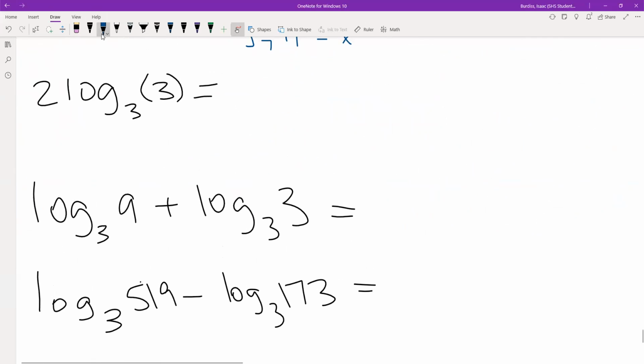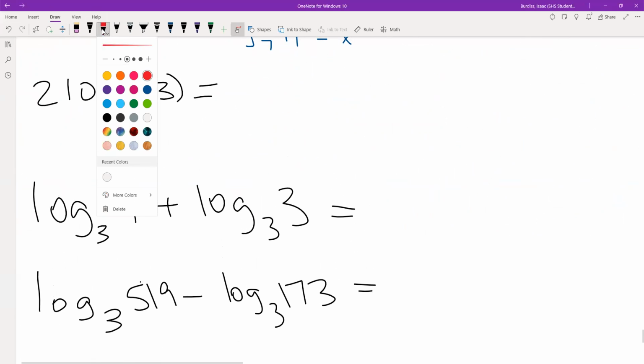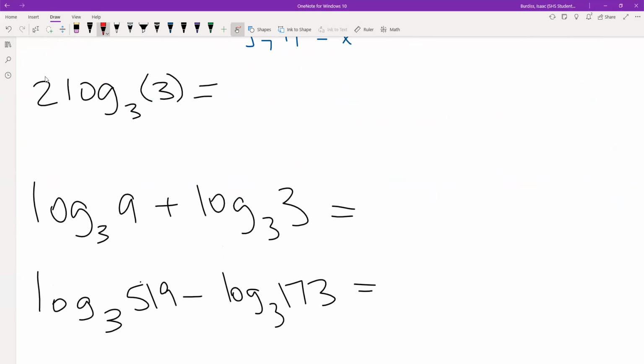Here's another rule to know. Whenever you have something beside the log, it becomes an exponent of the thing that it's taking a base of. So we can change this to this. So then that would really mean 9, right?